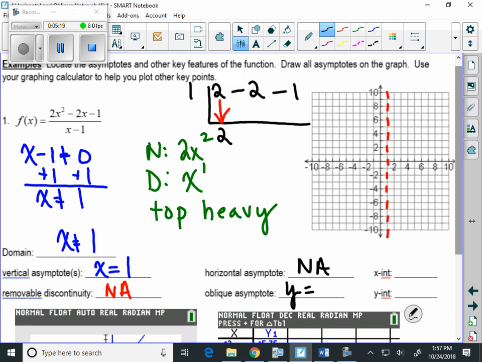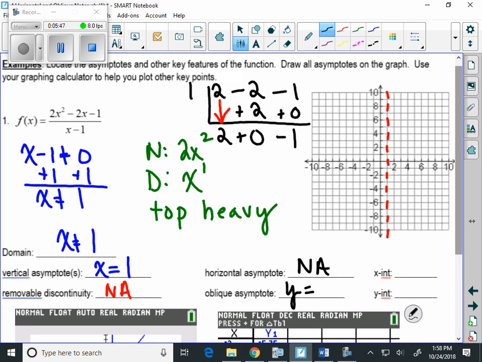And then we're going to multiply. 1 times 2 is 2. Negative 2 plus 2 is 0, and I usually write plus 0, but you can write minus 0. 1 times 0 is 0. Negative 1 plus 0 is negative 1.